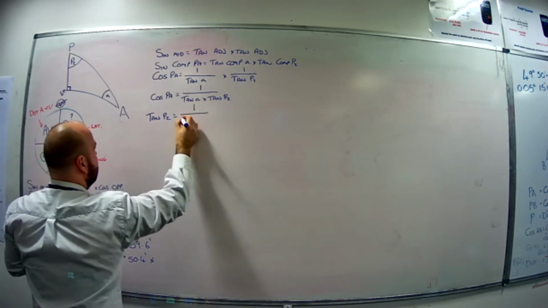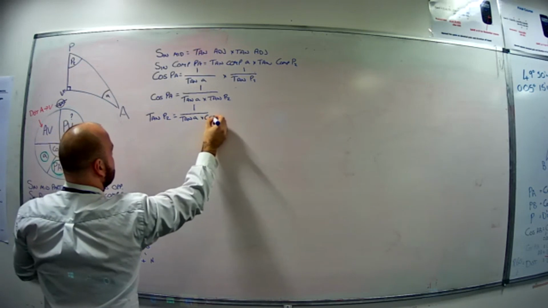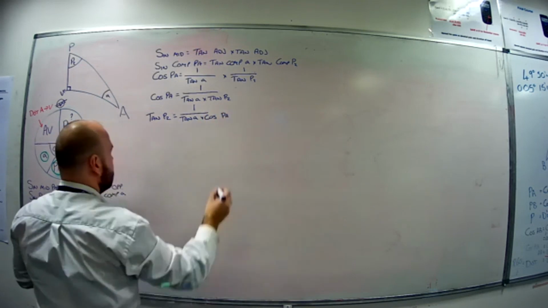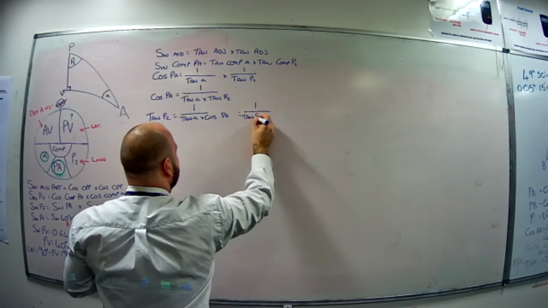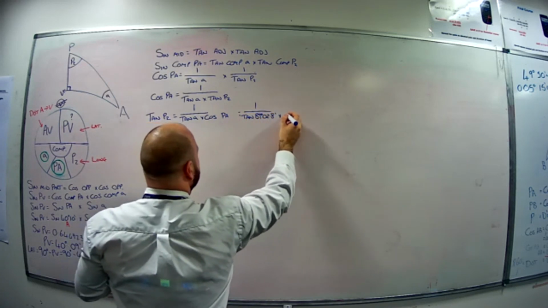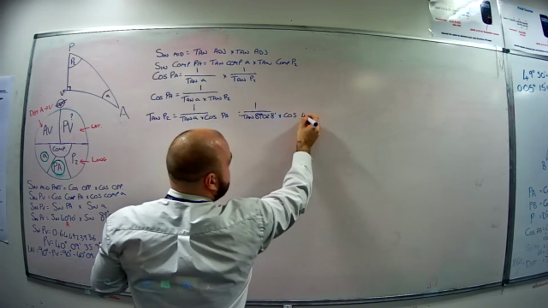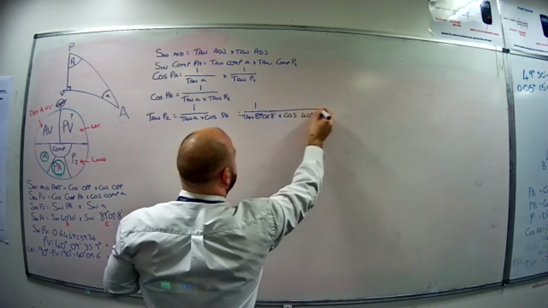Tan P2 equals 1 divided by tan little a times cos PA, which equals 1 divided by tan 89 degrees 02.8 minutes times cos 40 degrees and 10 minutes.